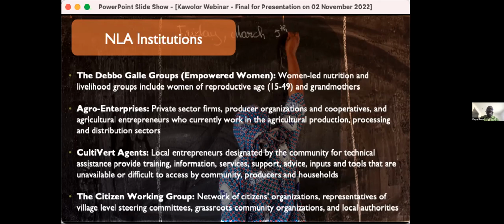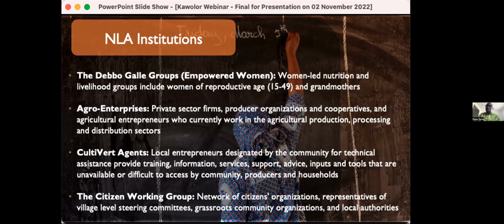A good example is an experience in one of the regions where the rain was extremely late. The citizen working group took the initiative to contact the local government authorities to alert them, and then tasked the cultivar agents to hurry up and link up with the National Research Center to buy and bring the relevant crop, short cycle cereals, and that's how they saved the season.